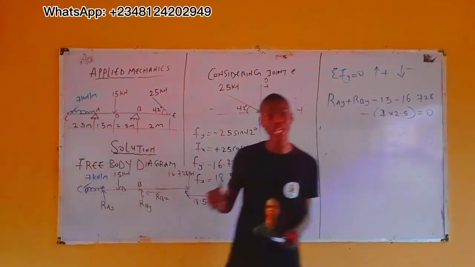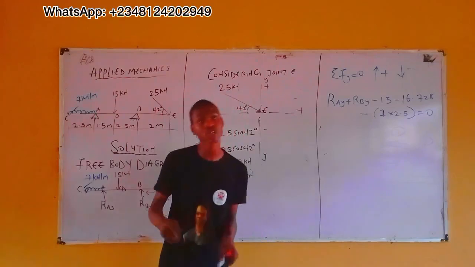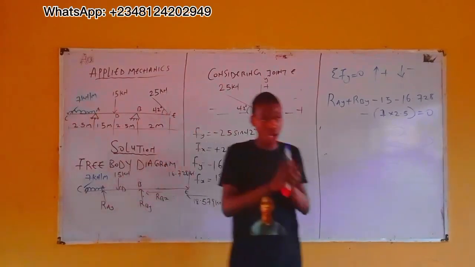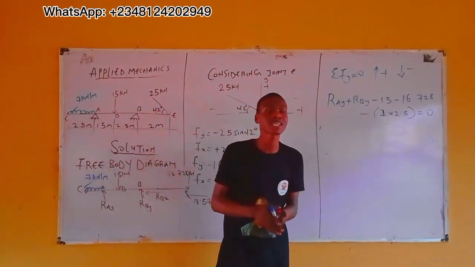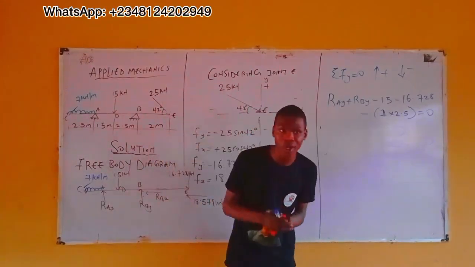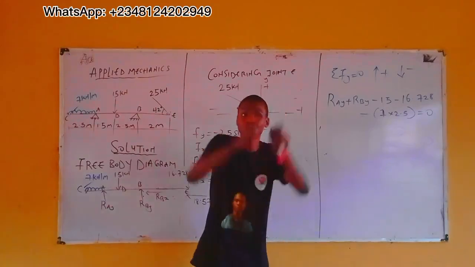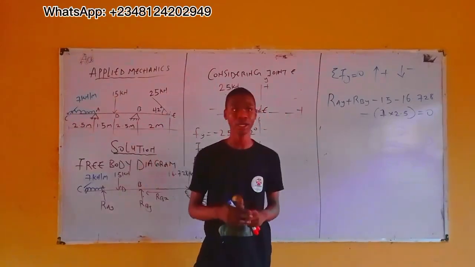Yes. But here, number 2, converting a UDL to a point load, the intensity of the UDL is multiplied by the total distance the UDL covers. We are not saying multiply by the distance of the UDL. We are saying multiply by the total distance the UDL covers. Hope you are getting it.